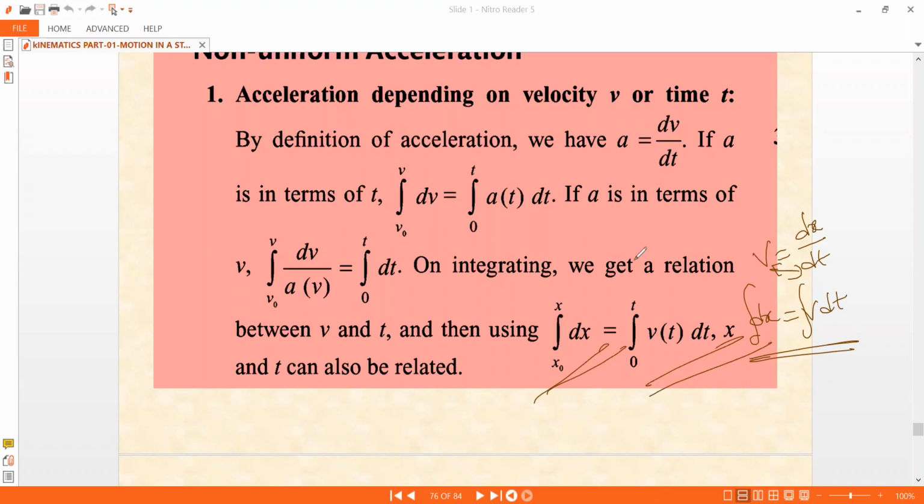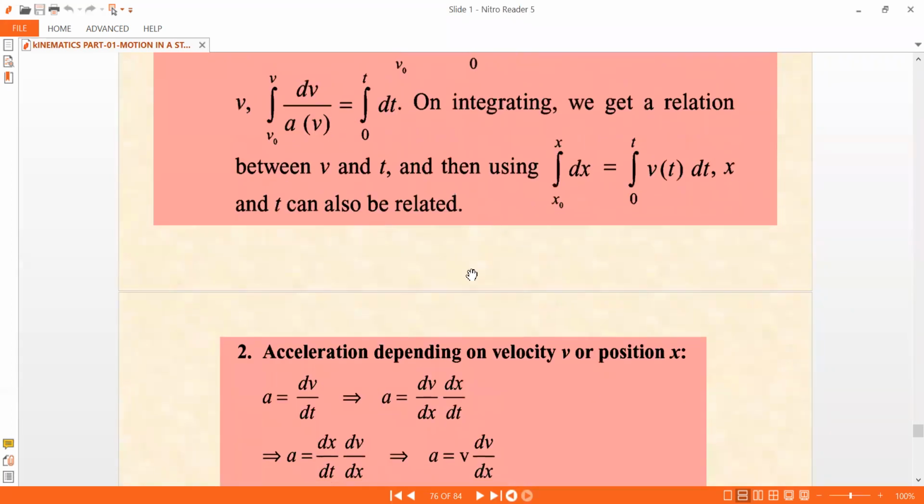The time limits can be t1 to t2, or 0 to t; it's up to you. The displacement limits can be 0 to x or x naught to x. It can be between 3 seconds to 5 seconds, or between 3 meters to 5 meters. They can twist the question like this. These are easy ones, it's not that difficult.